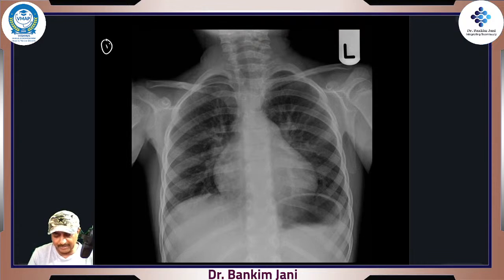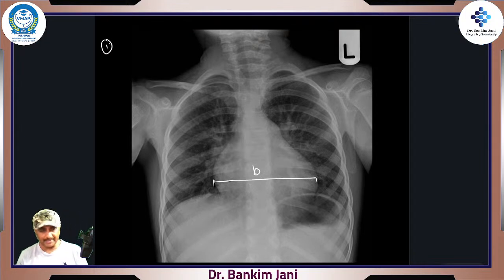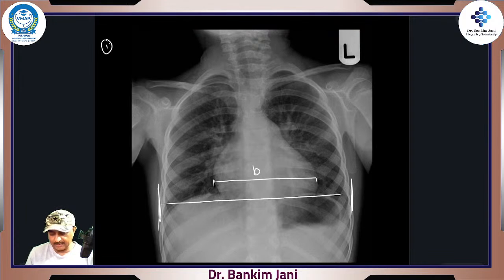I'm showing you a very easy thing. Find out the maximum width of the heart. Name it, let's say, B. Then figure out the maximum width of the chest. Take a measurement, literally a physical measurement.